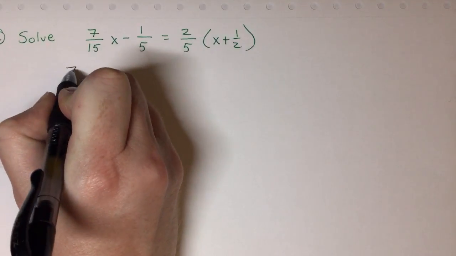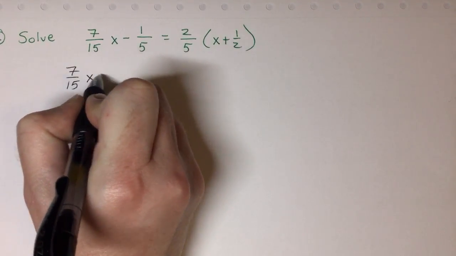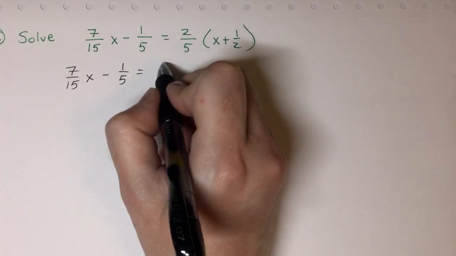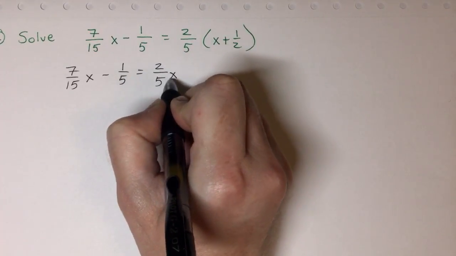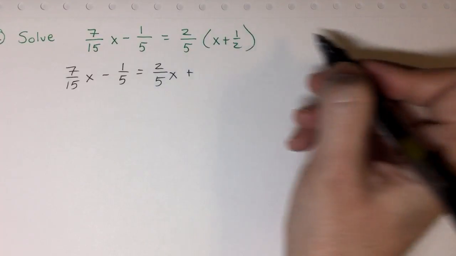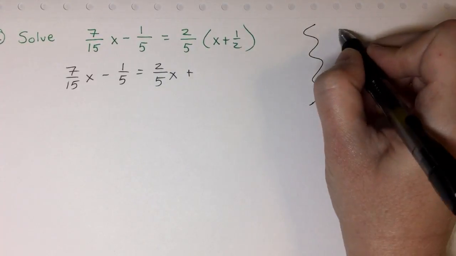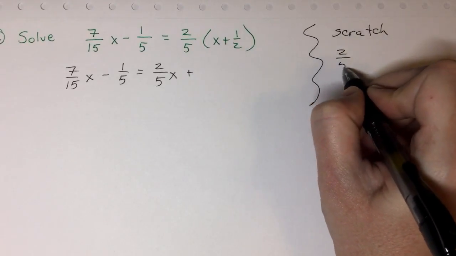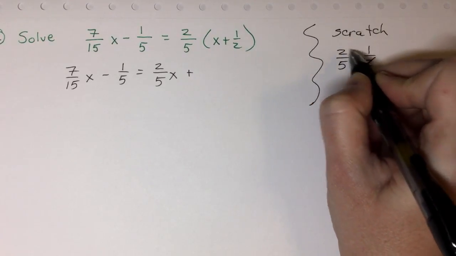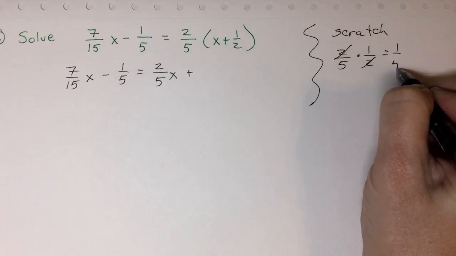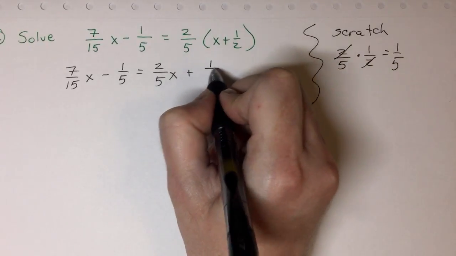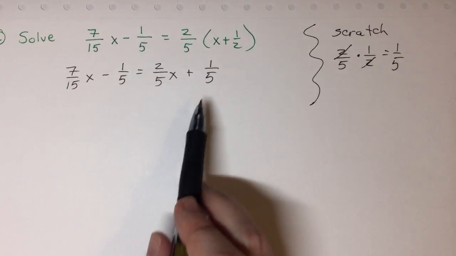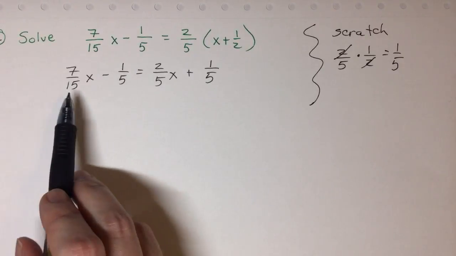So that's going to give me 7/15 x minus 1/5. 2/5 times x is 2/5 x. 2/5 times 1/2, I can do that as scratch work to the side if I want. One-fifth. So I have fractions, but I no longer have parentheses.